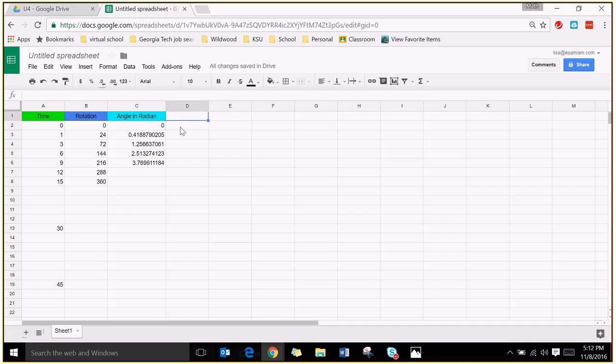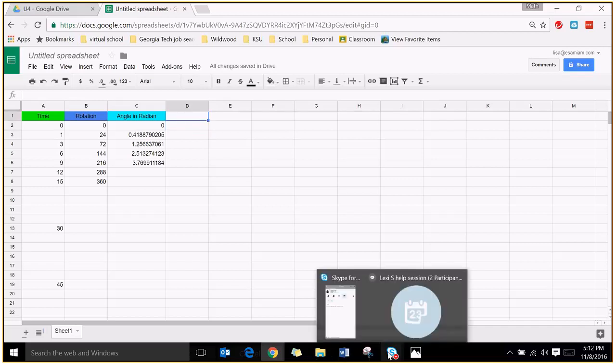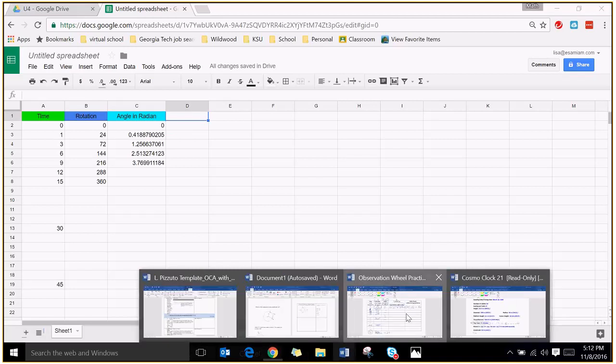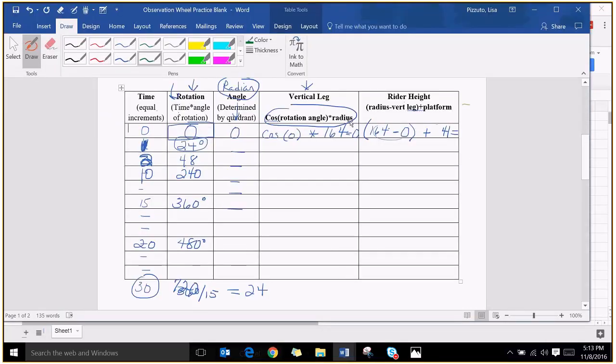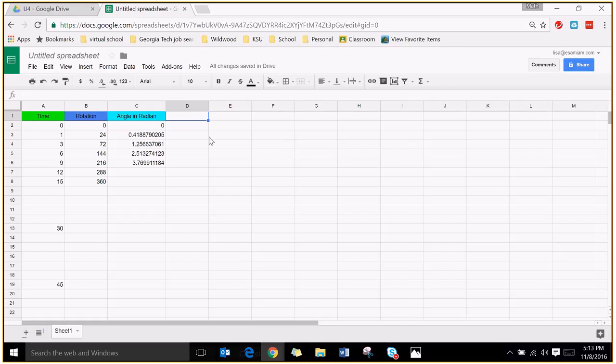All right, so the next one is your vertical leg. It's your radius times the cosine of this angle. So watch how I do that. Equals, and then what was the radius for your Ferris wheel? 164 feet. 164, and then notice I say times, and then start typing the word cosine.